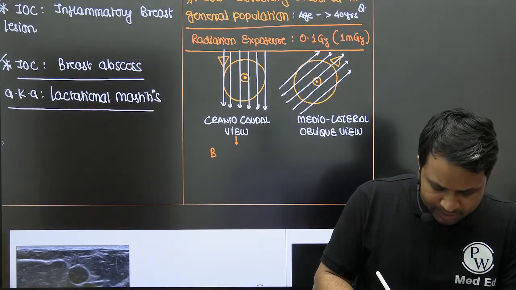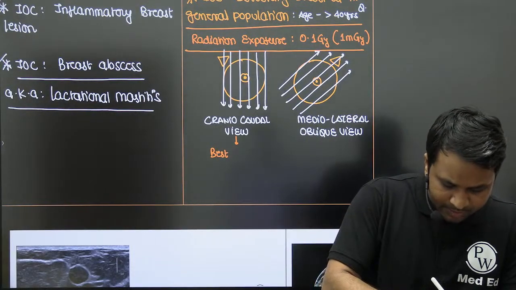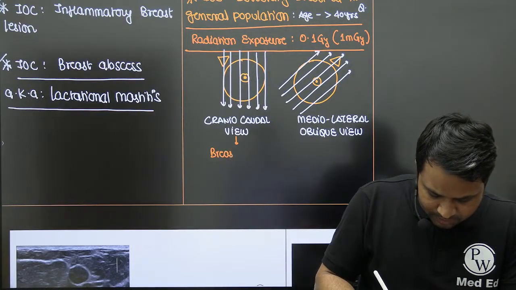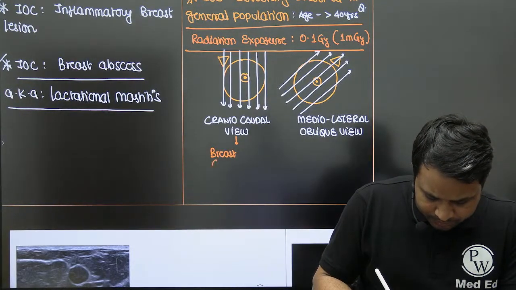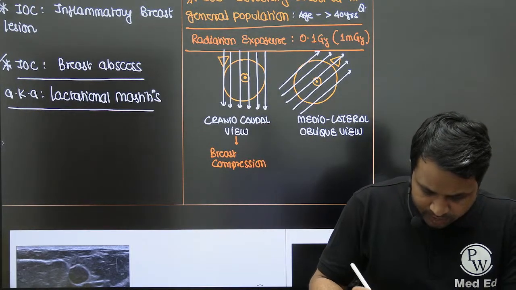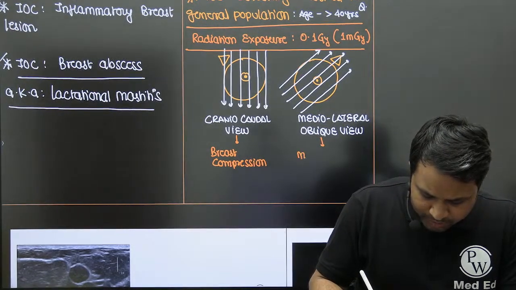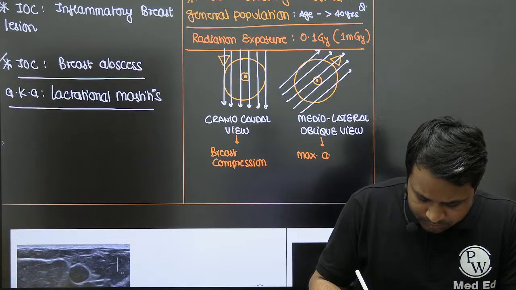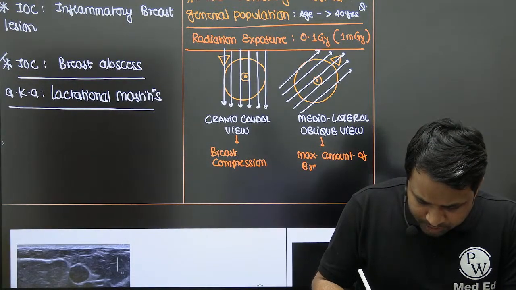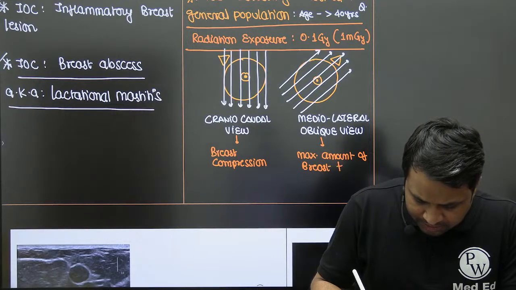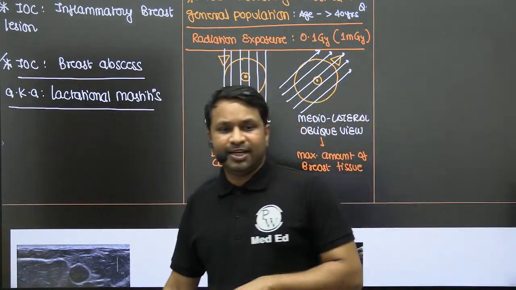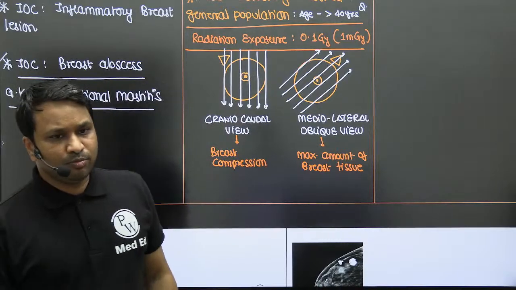So any disorder associated with breast compression or breast scarring can be seen on this, right? The maximum amount of breast tissue can be assessed by the mediolateral oblique view.